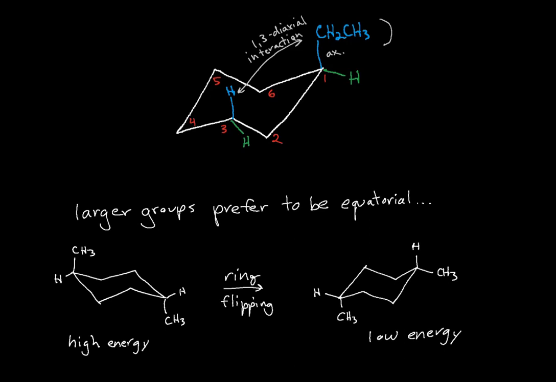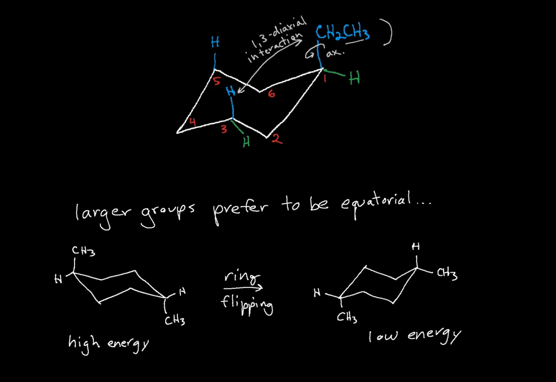So the larger the group, like an ethyl group, and don't forget this can rotate freely around a single bond, so it's sort of spinning like a propeller here and banging into this hydrogen. And so larger groups will try to avoid this. And notice there's another axial substituent here at 5.